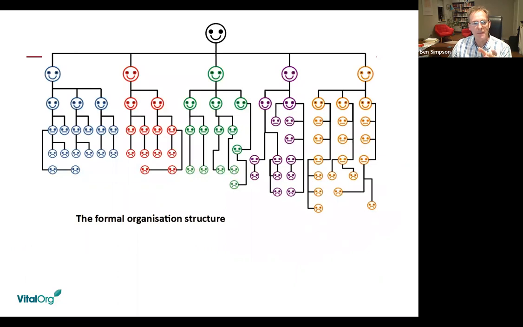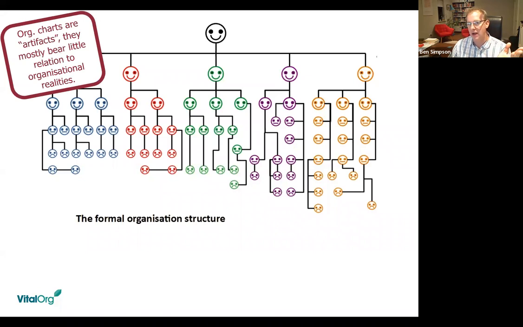So I'm sure, amongst the group of people gathered here this evening, we're all in heated agreement. This is an artifact that bears very little relation to the reality of how organizations work and how people collaborate together, getting stuff done, solving problems, dreaming up workarounds, improving processes, etc., etc.